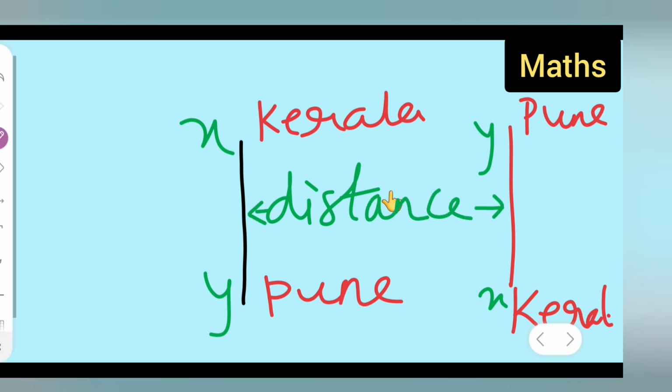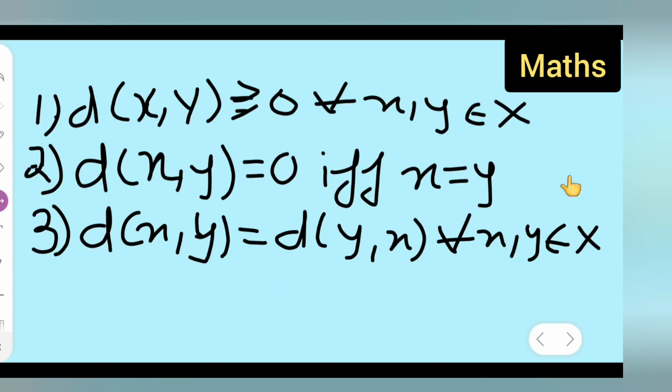So the distance will be the same. From x to y, xy will be equal to yx. That's why I said that the distance between x and y will be the same as the distance between y and x, for all x comma y belonging to X.